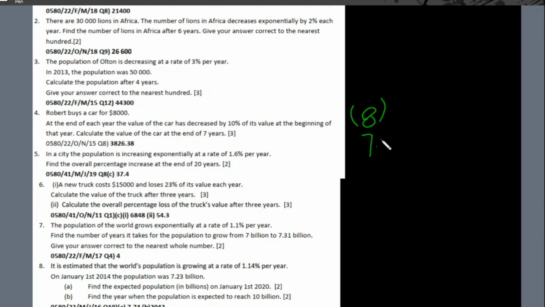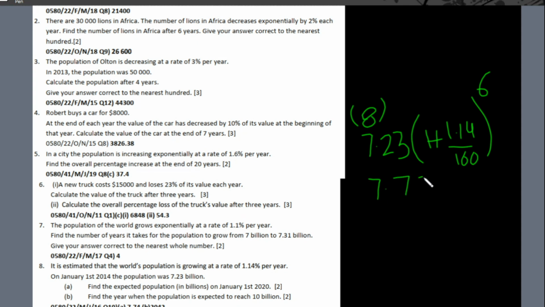So initial value times 1 plus rate over 100 raised to the power time, and time from 2014 to 2020 is 6 years. So enter this in your calculator and we get 7.73884. Okay, so this will get rounded off to 7.74. This was 8 part A.